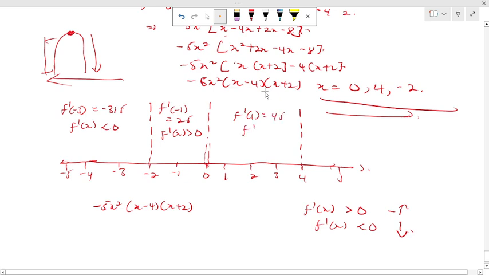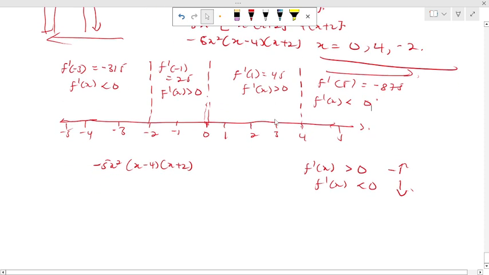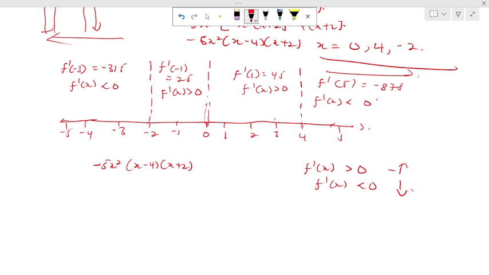So here too, f prime of x is greater than 0. Finally, our last interval, we can't take 4, we can take 5. 5 will give us negative 875, meaning f prime of x is less than 0.